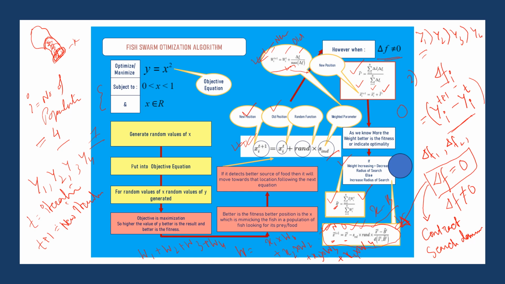Here it is, x into del f divided by summation of all del f. So same thing like this, but instead of weight, here del f is there. Only if you replace W from this equation and use the term del f, the difference between the value of the objective function in between two iterations, then you will get the function I. And when you add I to your old x, you will get new x.